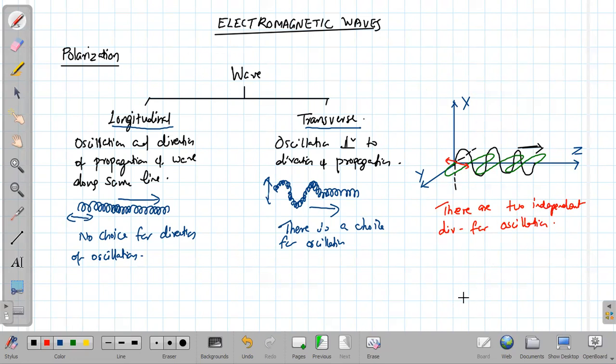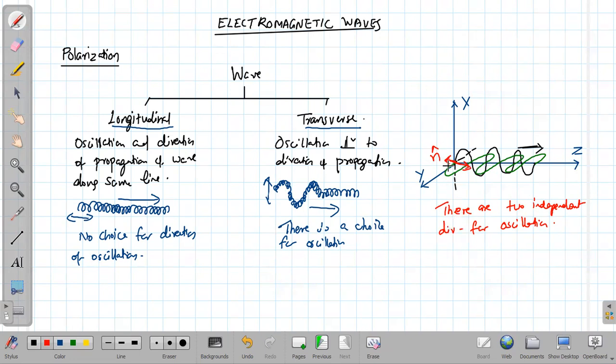Now, if the oscillation is fixed along one particular direction, then we say that the wave is polarized. Suppose the wave is propagating along this direction, and this direction I am putting as n. If the oscillation of the wave is fixed along the n direction, the direction n cap, where n cap is a unit vector, then we can call the wave polarized.